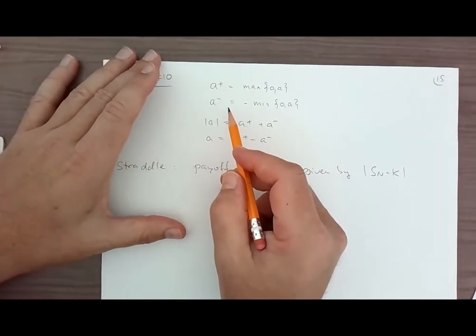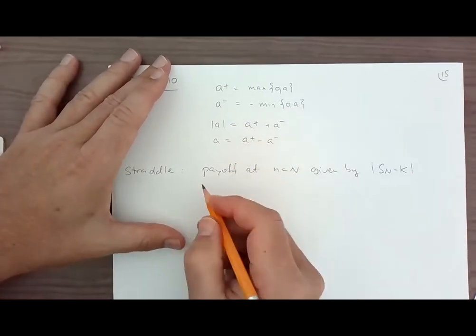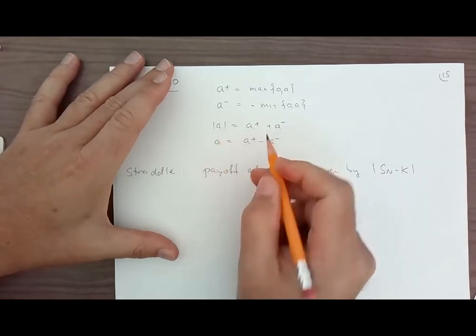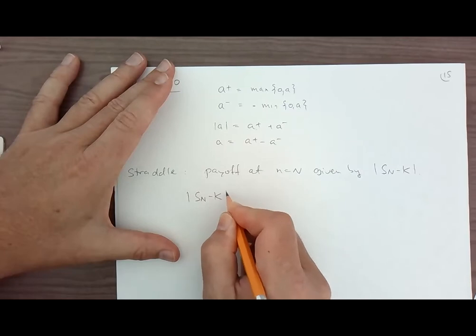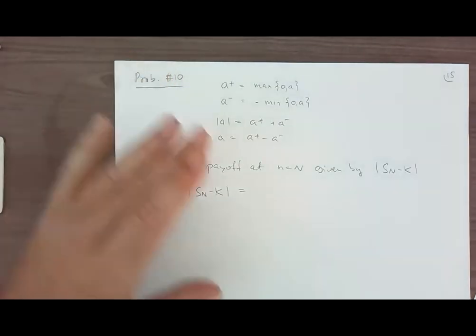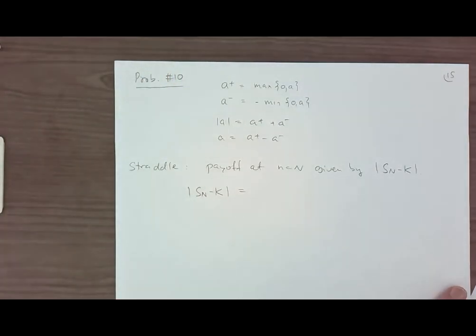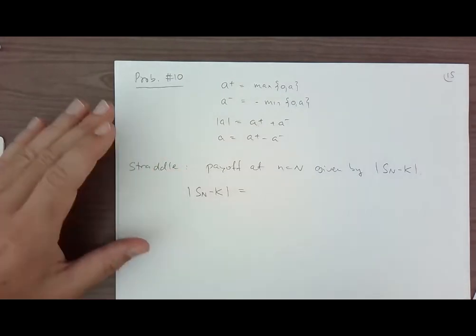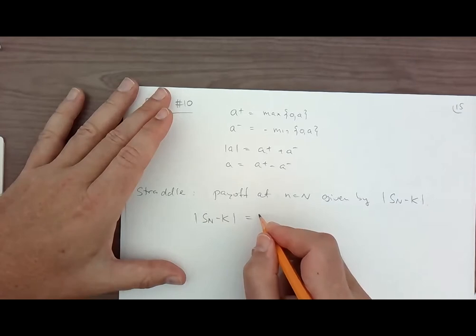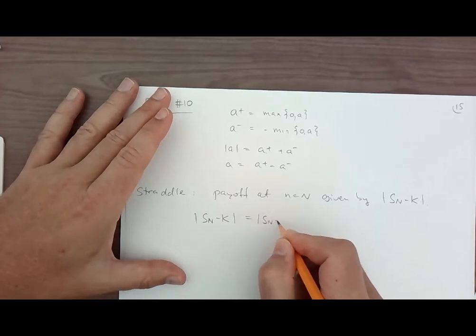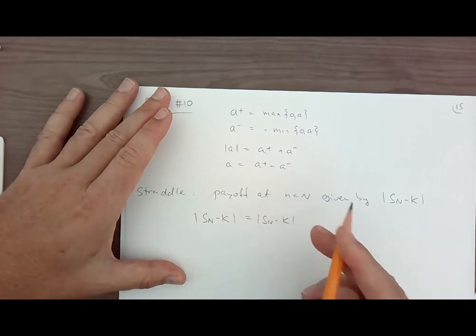So now we use this property here. We can use this property that the absolute value of Sn minus k can be given as, you add them up, Sn minus k, positive part.